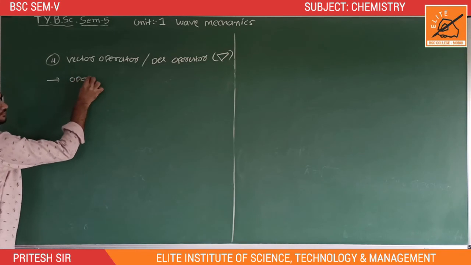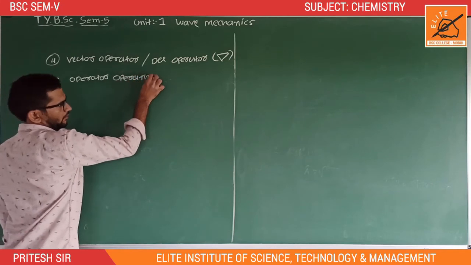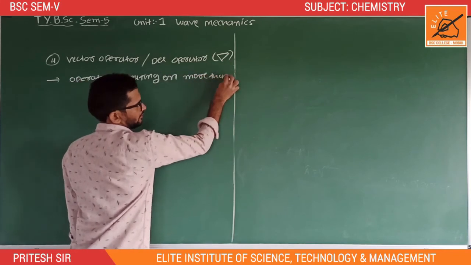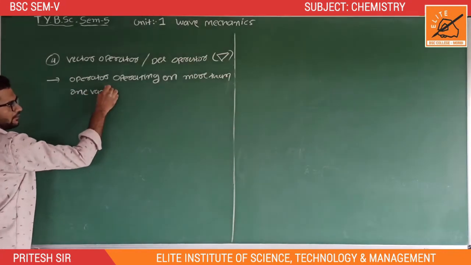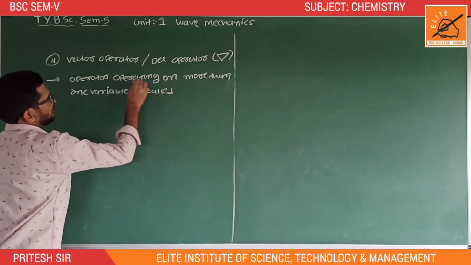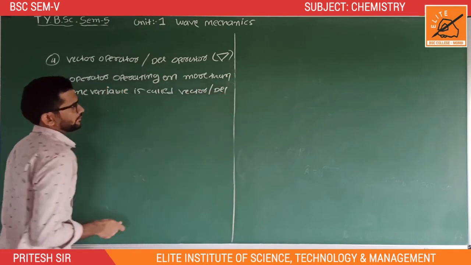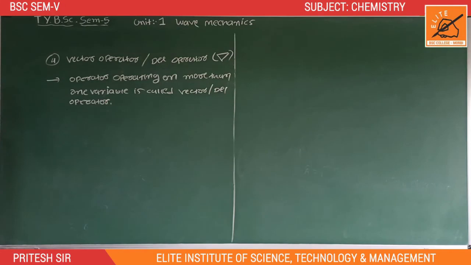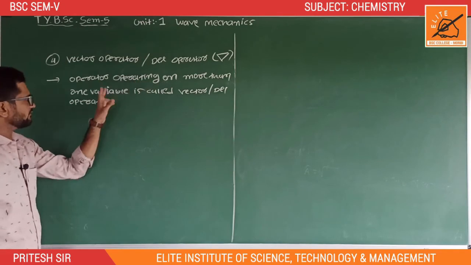An operator operating on more than one variable is called a vector operator, or a vector or del operator.